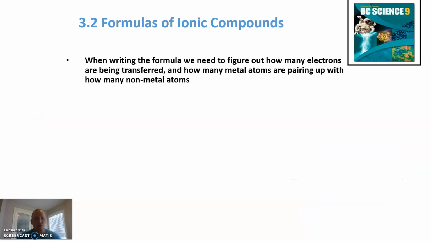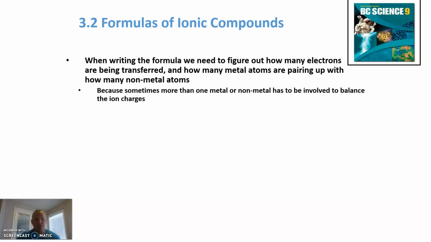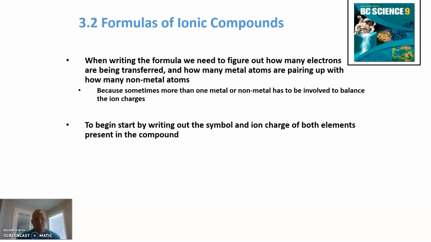So just a general outline of how to write a formula, and then we'll do some more examples. When you write the formula, we need to figure out how many electrons are being transferred. We need to figure out how many metal atoms are pairing up with how many non-metal atoms based on how many electrons are being transferred. So to start, always, whether you're given a name or you're given the elements, look on the periodic table and write out the ion charge of both the elements present in the compound.